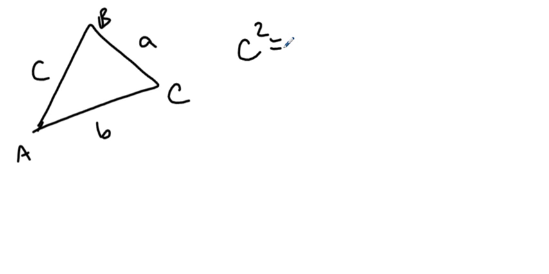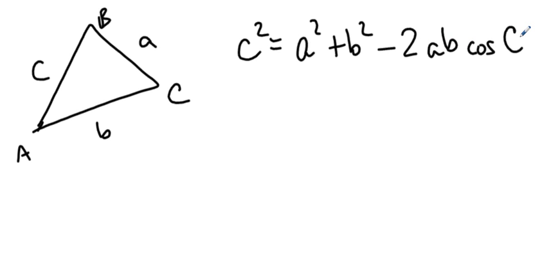Not only is sine useful, cosine is useful. I mean, I didn't think there was any serious doubt about that. But there is such a thing as the cosine rule. And the cosine rule says that if I want to know what c squared is, well, that's a squared plus b squared, and you're thinking that's the Pythagorean theorem, except that there's this extra minus 2ab cosine c hanging out.